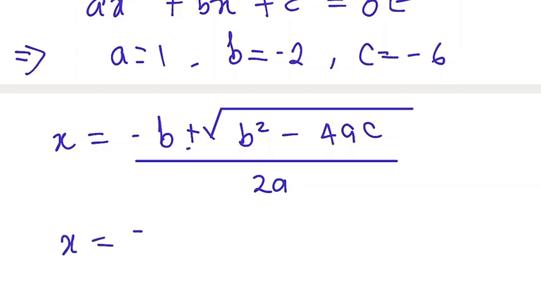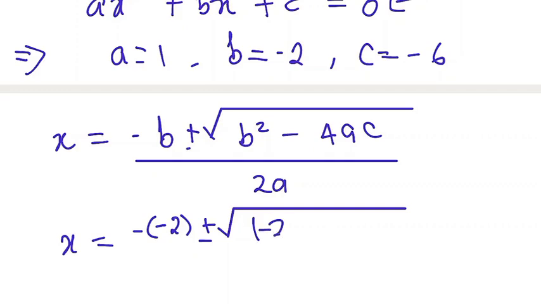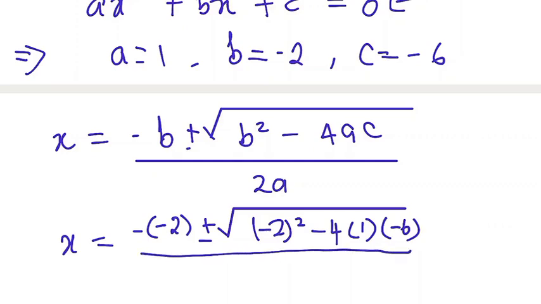We have minus, then b is minus 2, we put minus 2 here, plus or minus the square root of b squared, which is minus 2 squared, minus 4 times a which is 1, times c which is minus 6, all divided by 2 times a. What is 2 times a? We have 2 times 1.